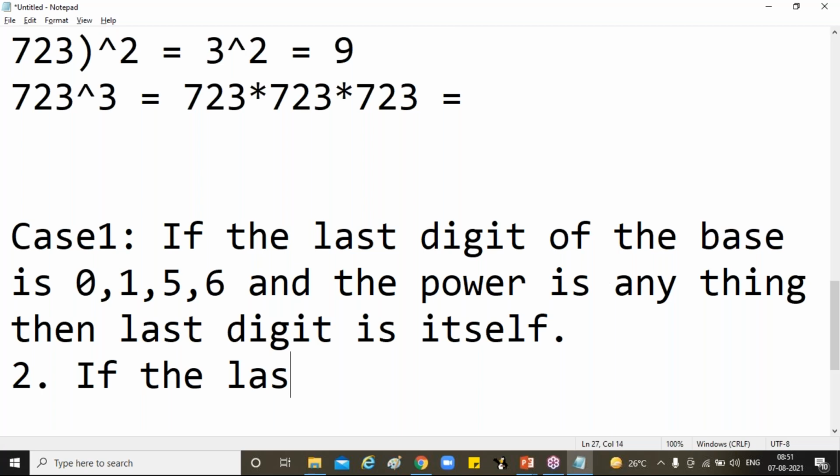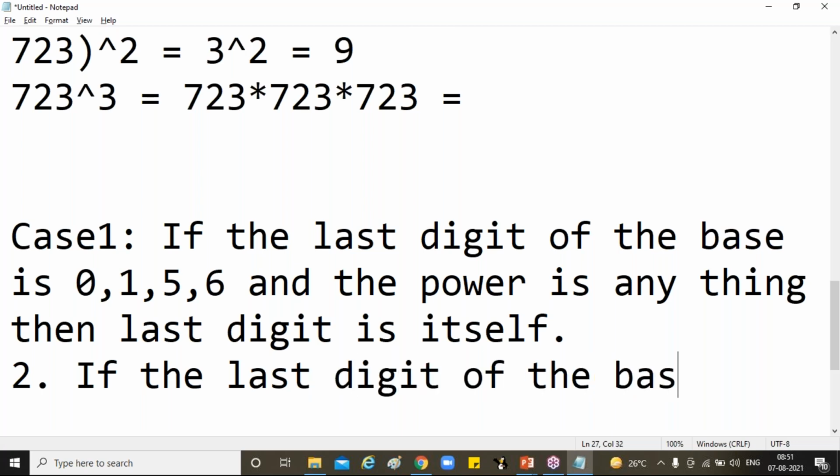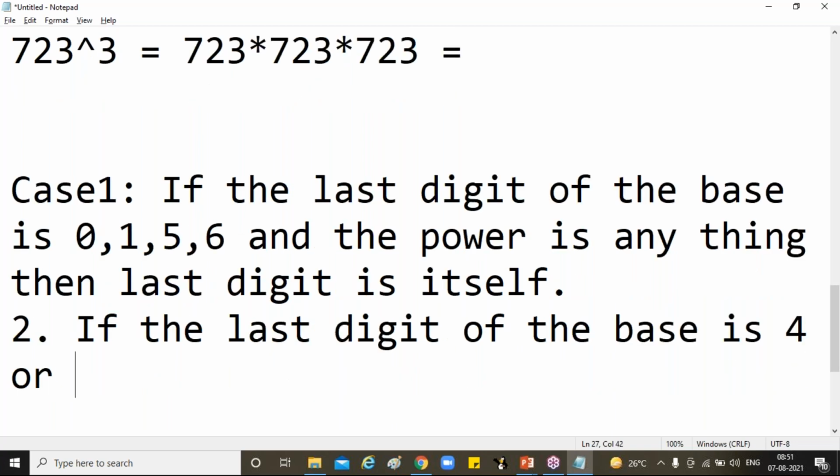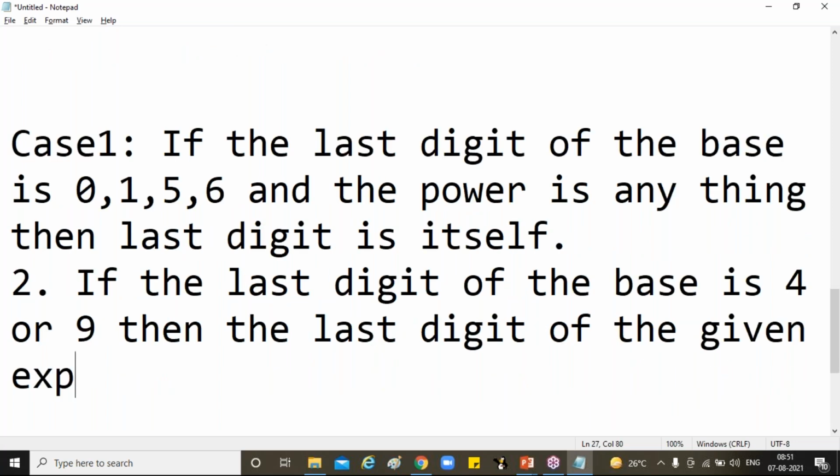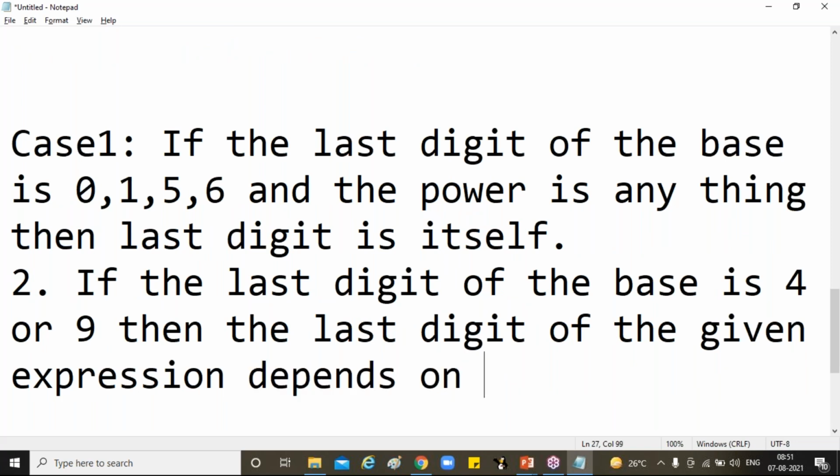If the last digit of the base is either 4 or 9 (0, 1, 5, 6 are completed), then the last digit of the given expression depends on the power.